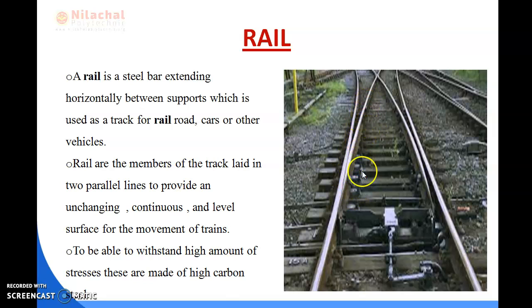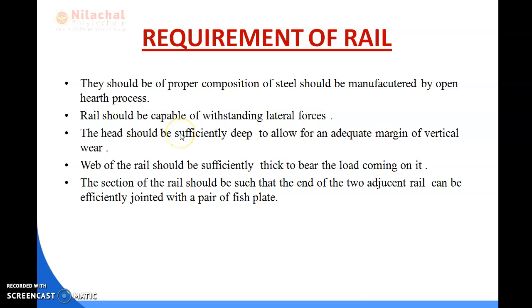Okay, because at the joint point, whenever the load is applied, more stress will be applied on that joint place, which damages the rail. So that's why it should be efficiently joined with a pair of fish plates.